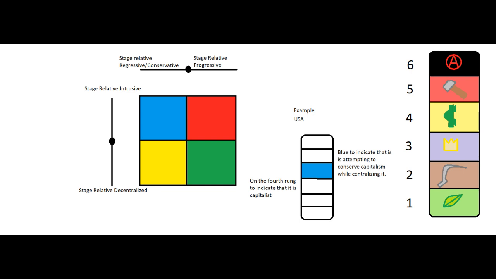In terms of the Hayek model, Hayek really only focused on capitalism, but this model can be applied to other systems, and I think it would be better for it to be applied to other systems.